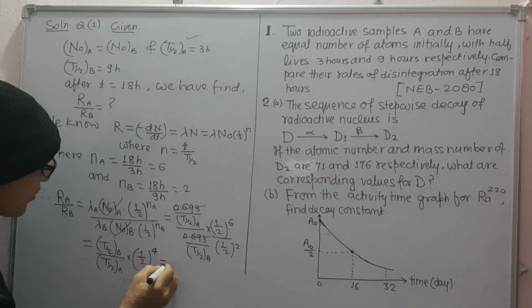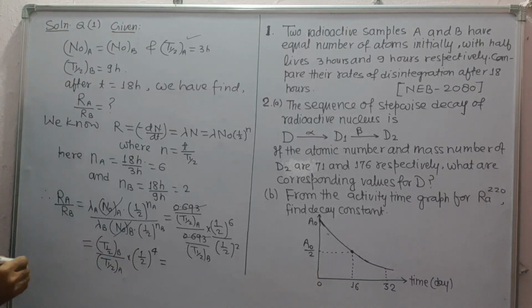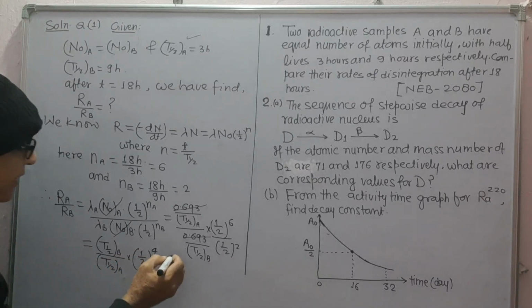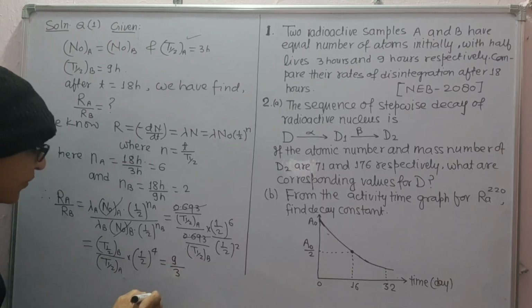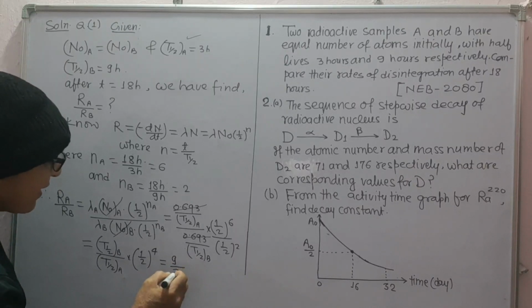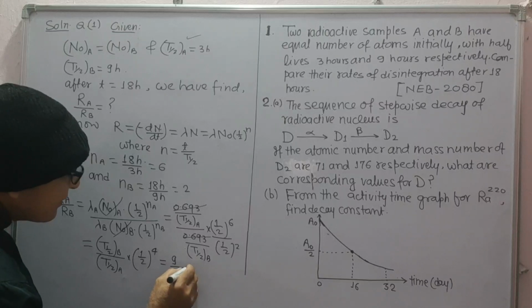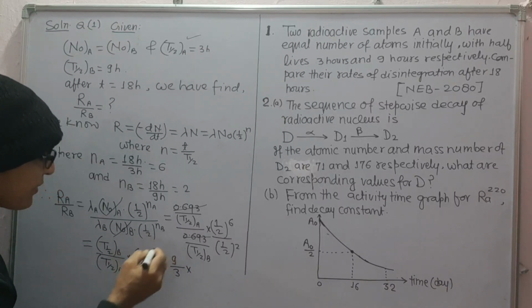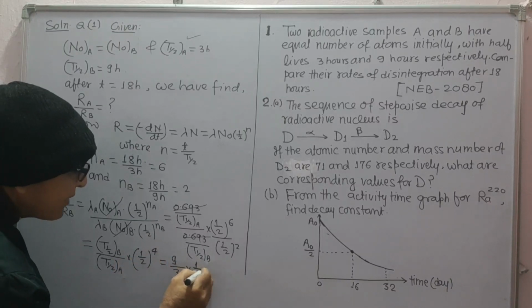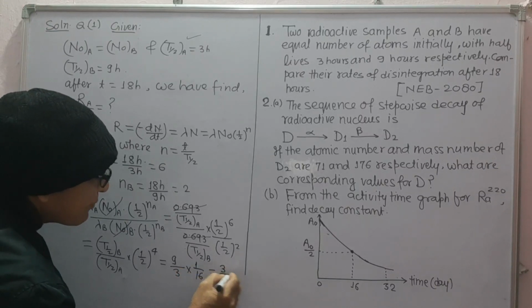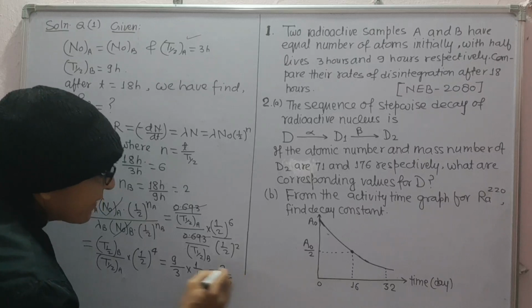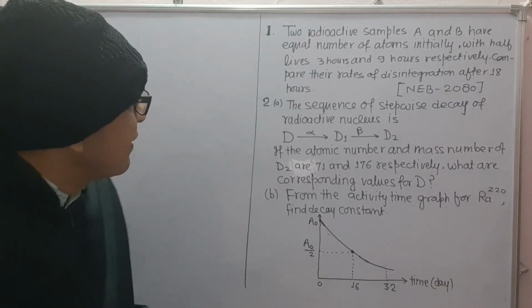Now putting the values of T half A and T half B, we get T half B is 9 and T half A is 3. Hours cancel out, and half power 4 means 1 upon 16. This gives 3 upon 16 as the required ratio.